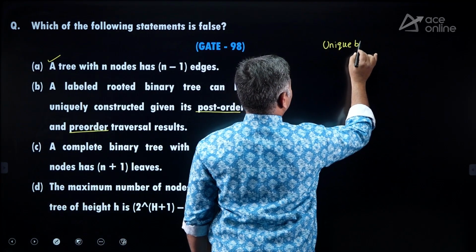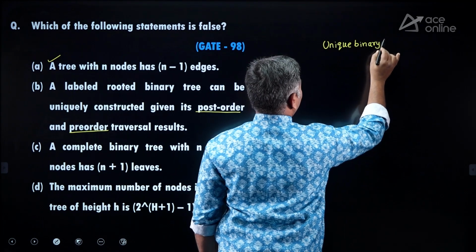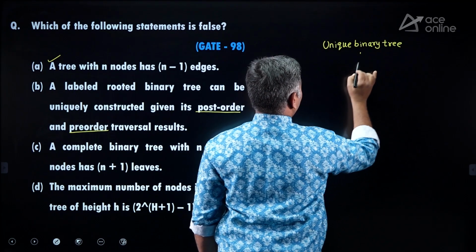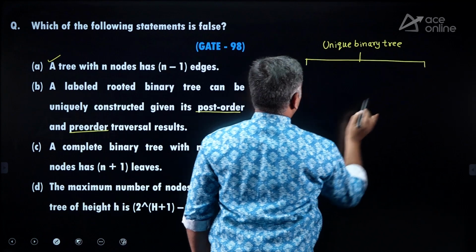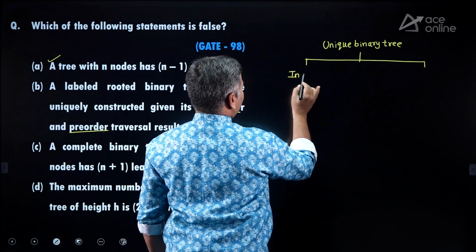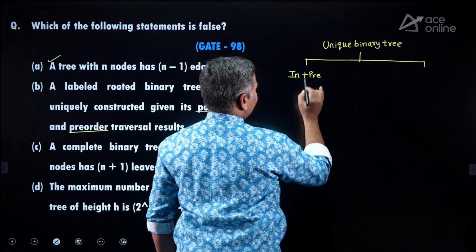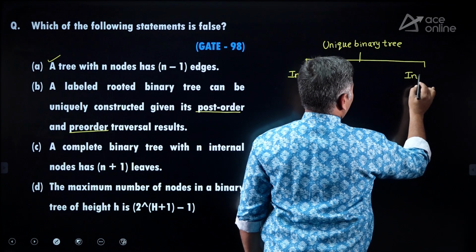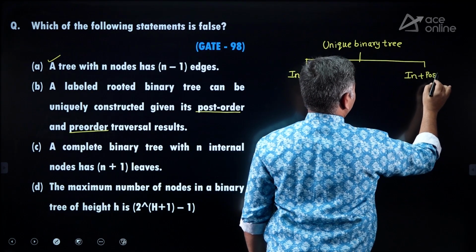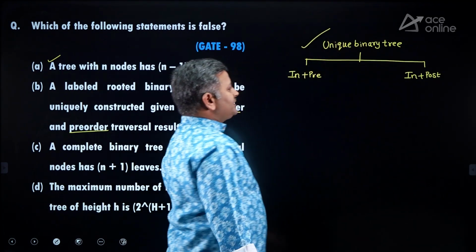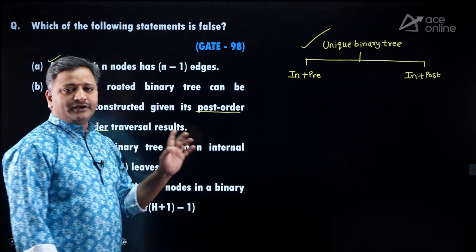Unique binary tree is possible by using in-order plus pre-order combination, and in-order plus post-order combination.